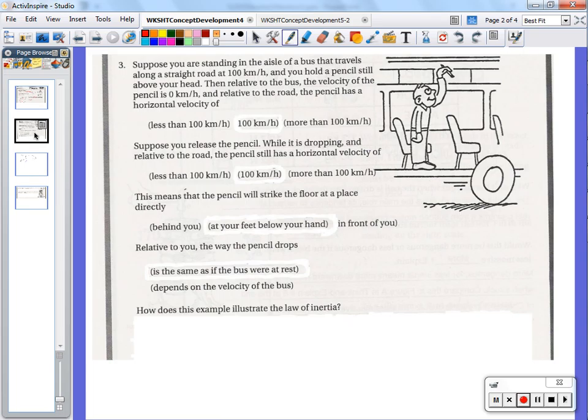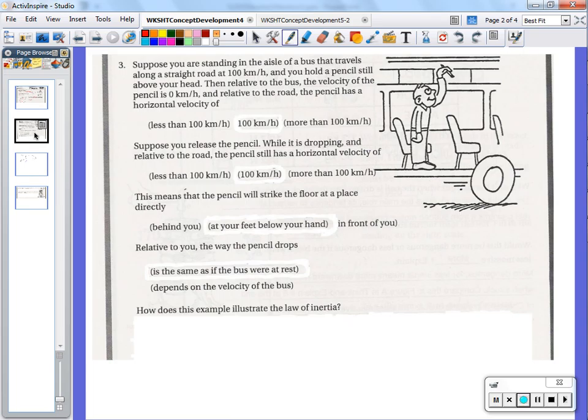If you don't like a pencil, you can call it whatever you want. Then, relative to the bus, the velocity of the pencil is 0, because the pencil, the bus, and you are all traveling at the same speed. Does that make sense?